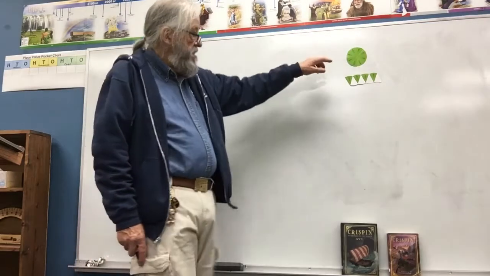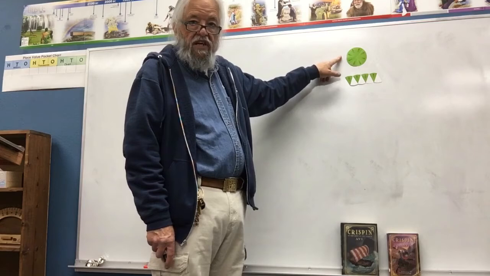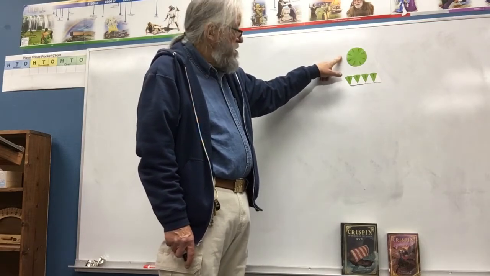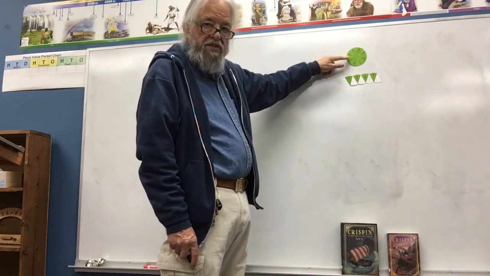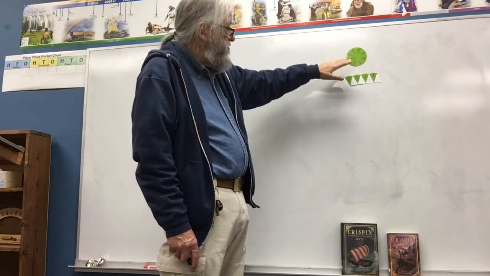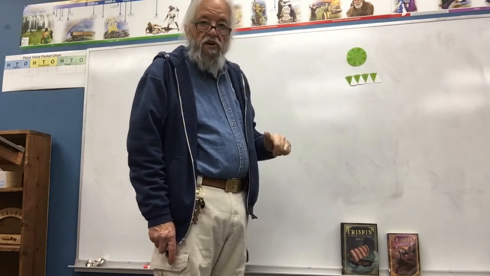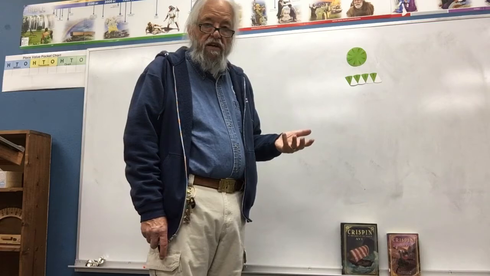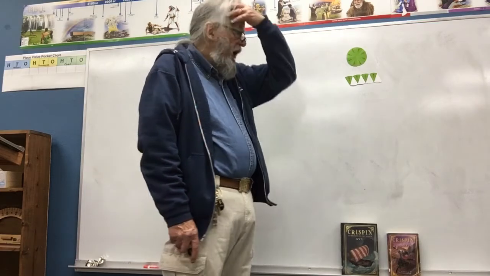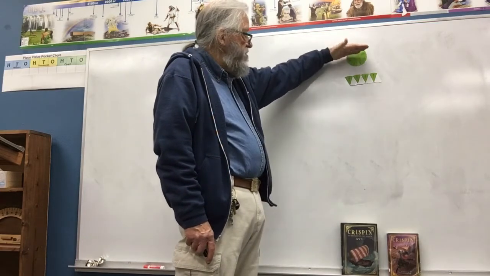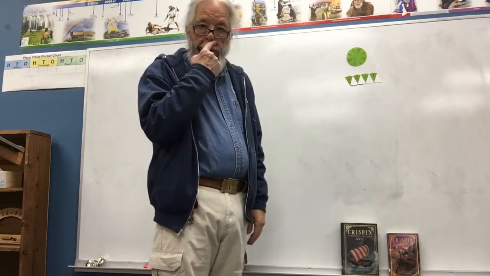So what I did, instead of changing the color of my pieces, I've got the green pieces here, and if I flip the green piece over, it's white on the other side. So I would have half of this green and half of this white.